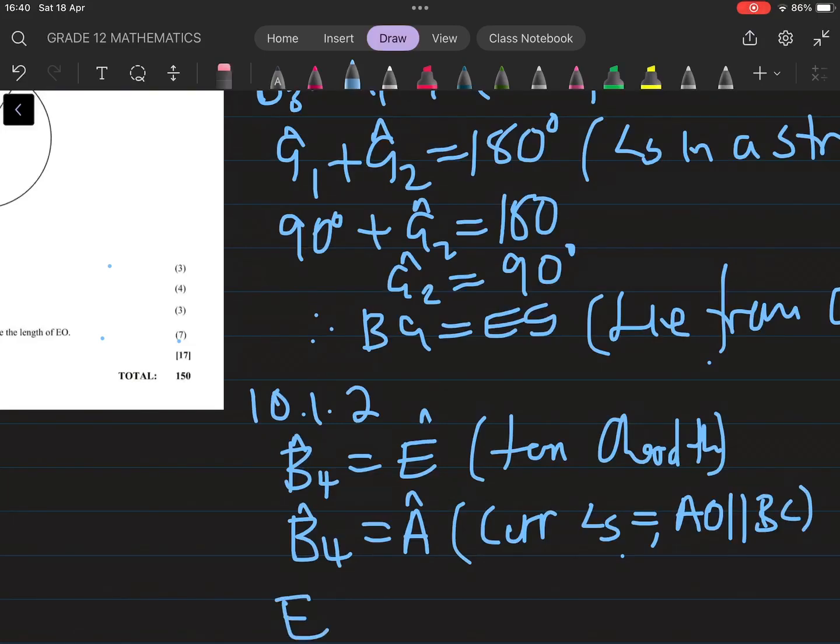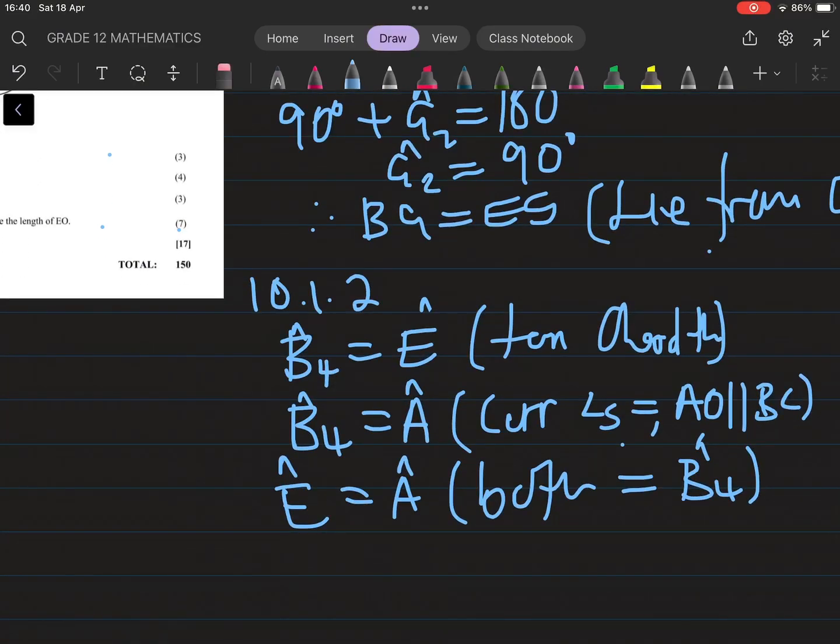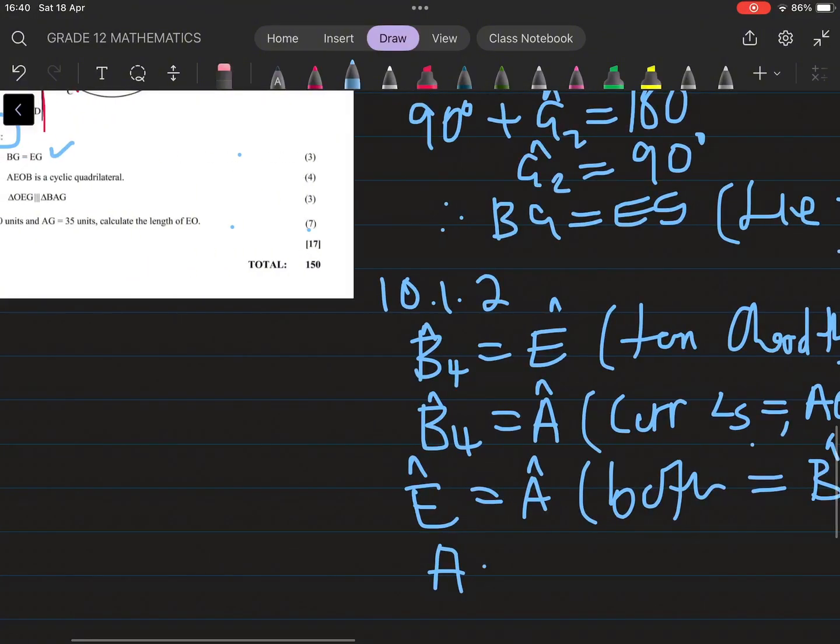So now, since we can see that angle E is equal to angle A, and both are equal to B4, we can conclude that AEOB indeed is a cyclic quad.